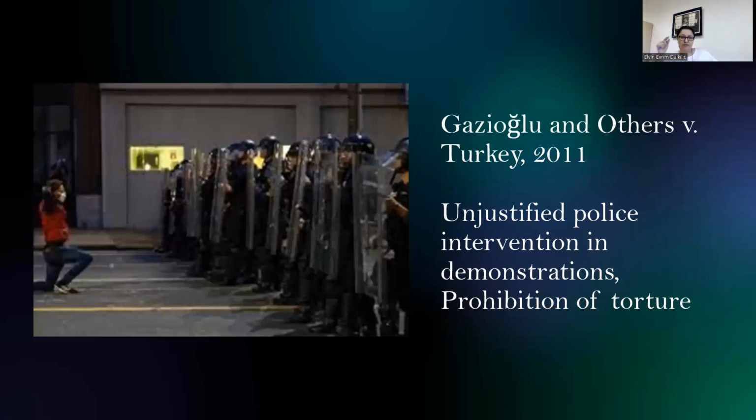So the court in this case considered that the police interference with the applicants' right to freedom of assembly had been disproportionate to the aims pursued and thus in violation of Article 11.